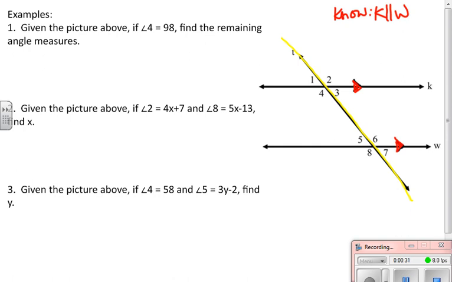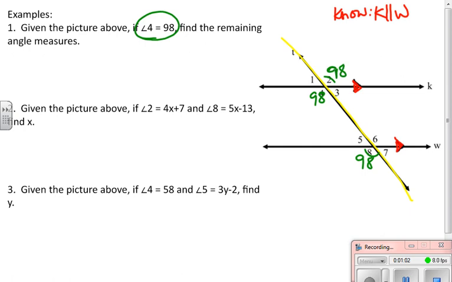So now I just have to figure out what relationships I'm given. In this one, I'm given that 4 is 98 degrees. Well, if 4 is 98, I can find the other 7 in a lot of different ways. For example, 4 and 8 are corresponding angles, so they are equal, and that is 98. 8 and 2 are alternate exterior, so that is also 98.